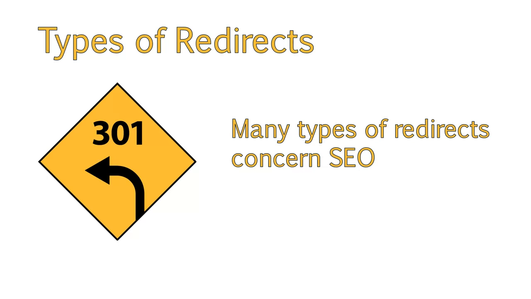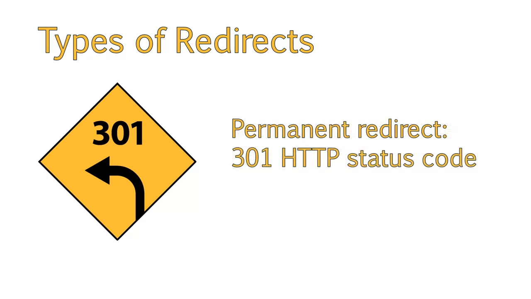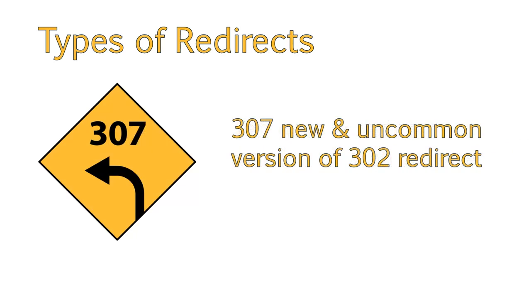The first type is a permanent redirect, or a 301 HTTP status code. The next is a temporary redirect, or a 302 HTTP status code. A newer version of the 302 is a 307 redirect, but you will still usually see 302s or 301s.